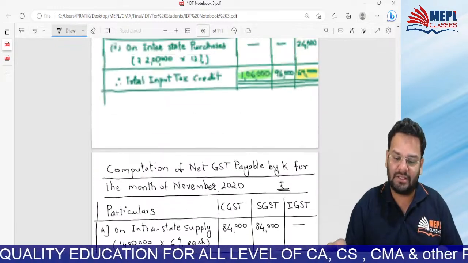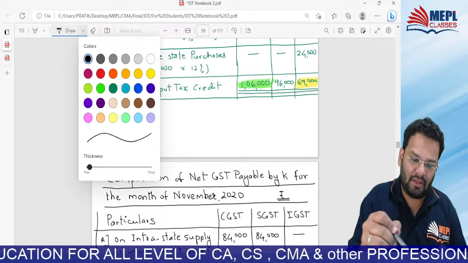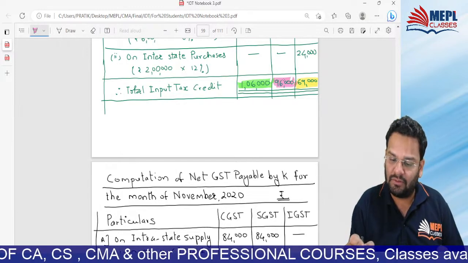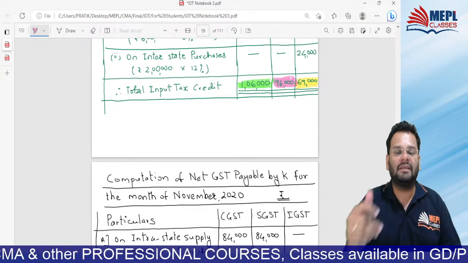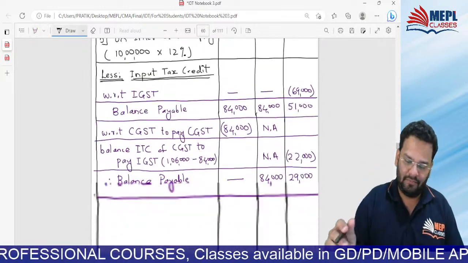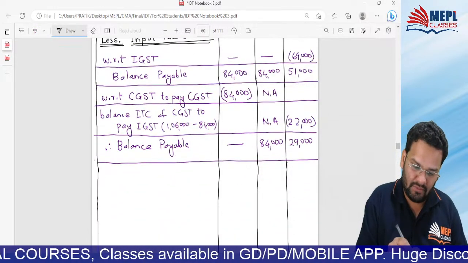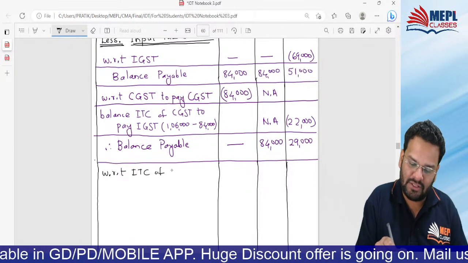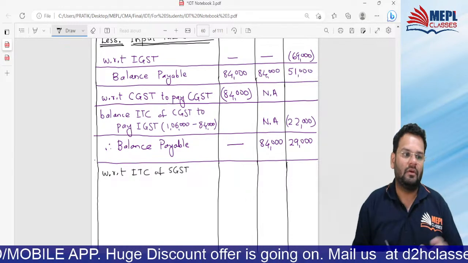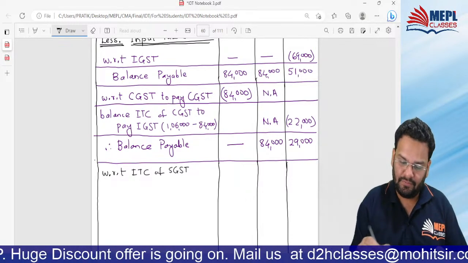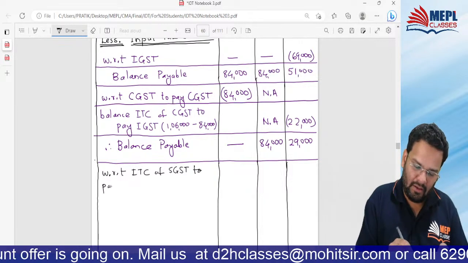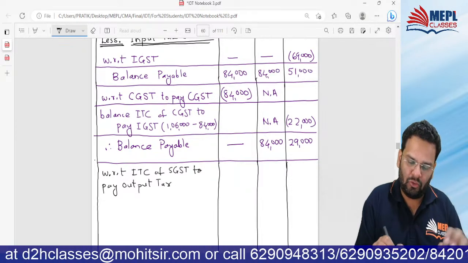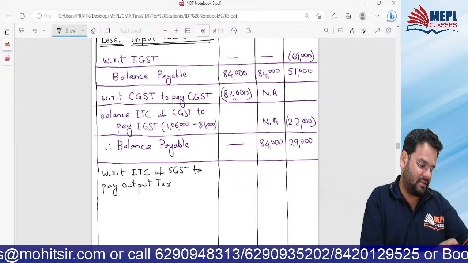Okay, now touch SGST. What is the SGST's ITC? 96,000. Please take this 96,000 now. So what you will do is, with respect to ITC of SGST, take ITC of SGST to pay output tax of SGST.